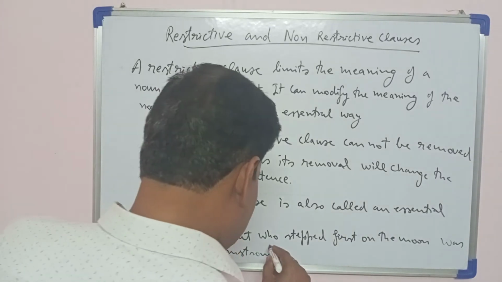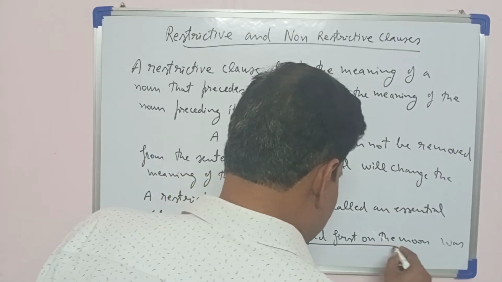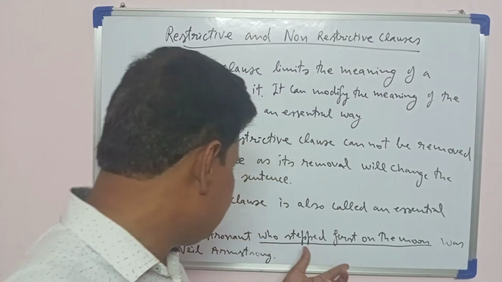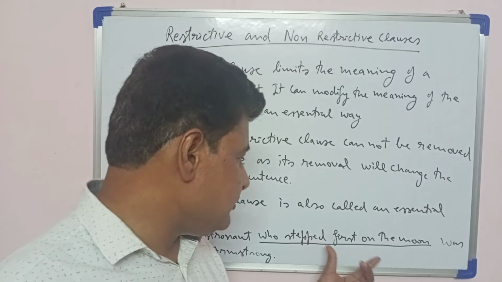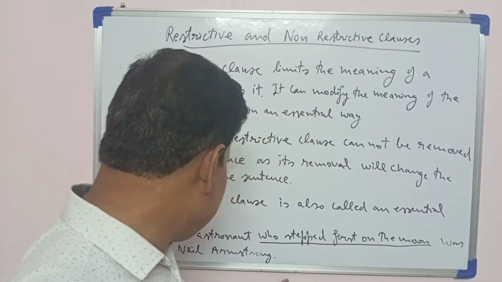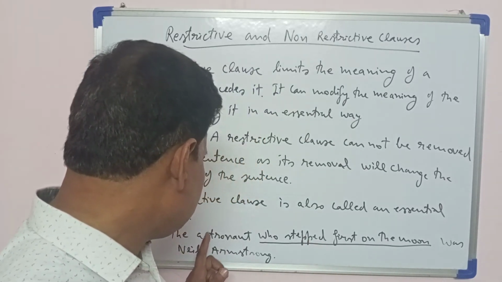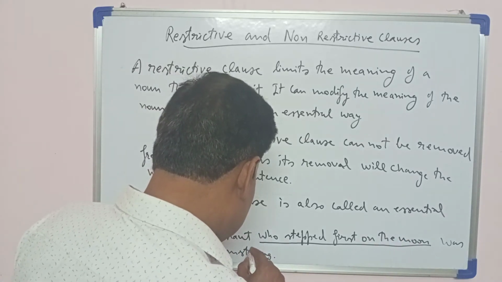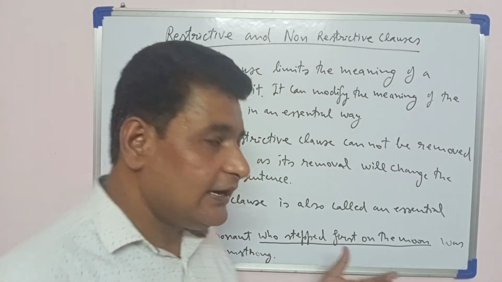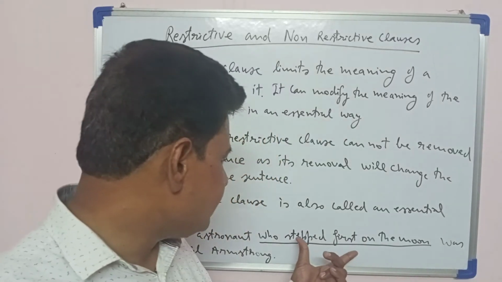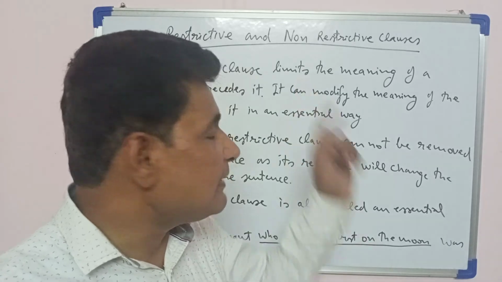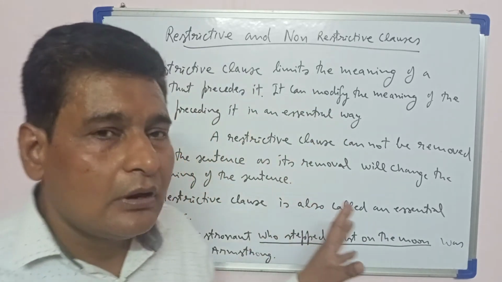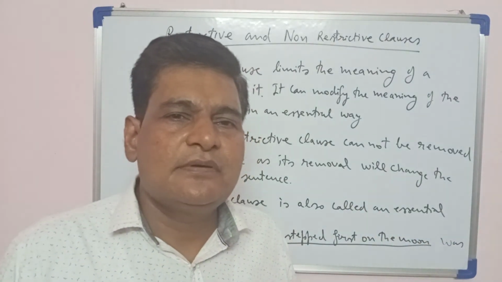So, the astronaut who first stepped on the moon, this is the restrictive clause. If you try to remove it, then it will change the meaning. For example, "The astronaut was Neil Armstrong" changes the meaning. So this underlined part of the sentence is an example of a restrictive clause. I hope you have understood what a restrictive clause is.